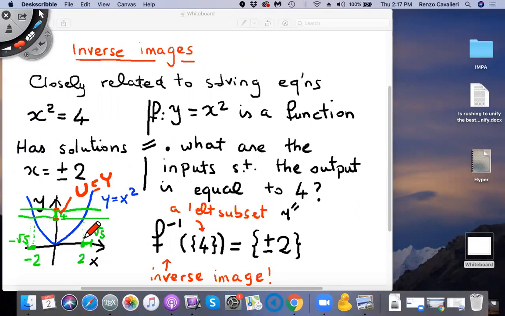And then the inverse image consists of these two intervals right here. It's a subset of the x-axis of all the points on the x-axis that the function maps to the interval on the y-axis that we started from.